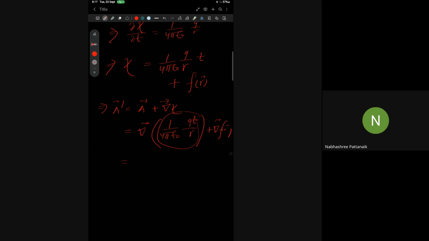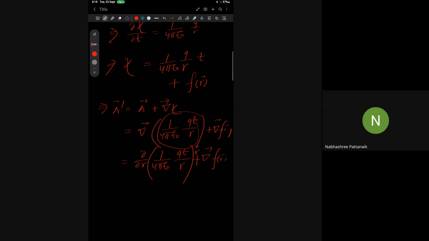So that is why I can simply take this del to be equal to del by del r of 1 by 4 pi epsilon naught q t by r plus del f of r. Obviously here I will put r cap, because del by del r cap, then 1 by r del by del theta theta cap.